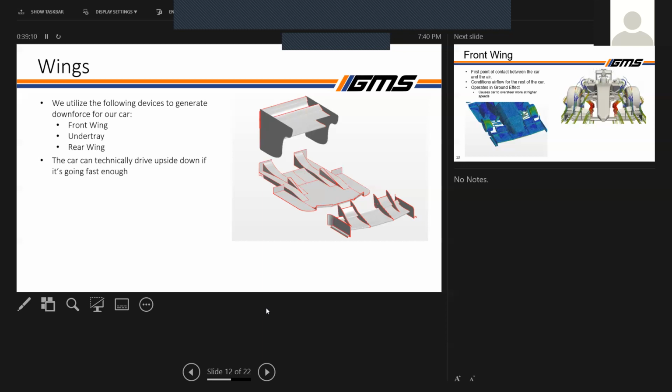Last year's package started at a center of pressure of about 54% rearward at 35 miles per hour, and shifted forward to around 52% rearward at around 80-ish miles per hour. But with this package, it goes from about 56 to 55.5. So it's much narrower, more concentrated, if that makes sense.